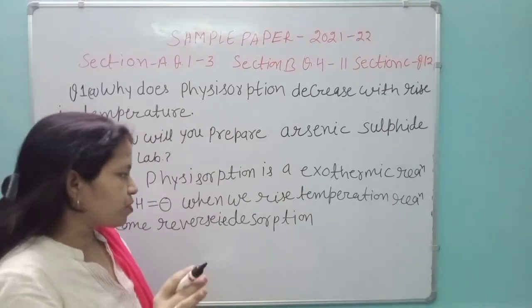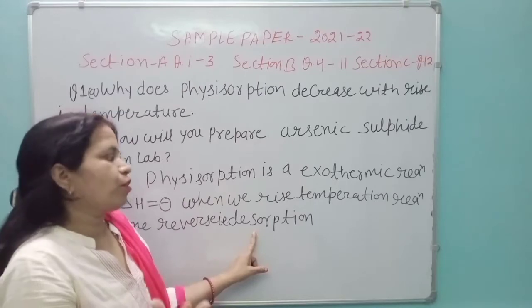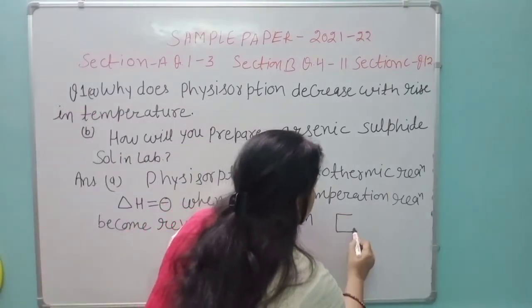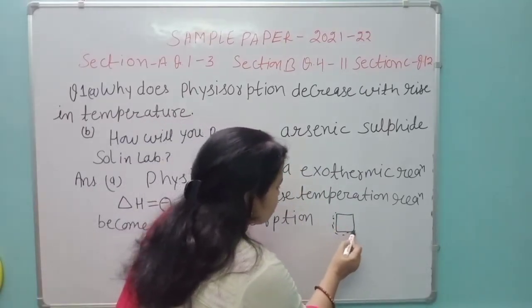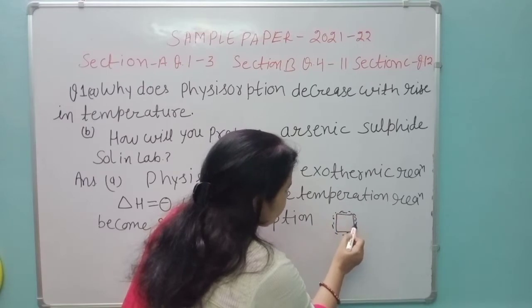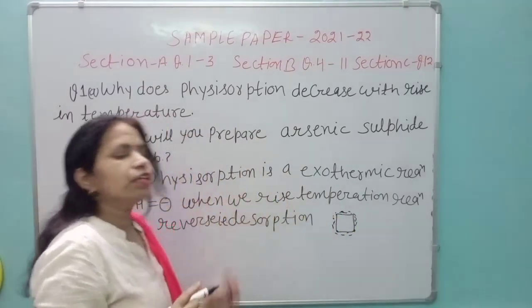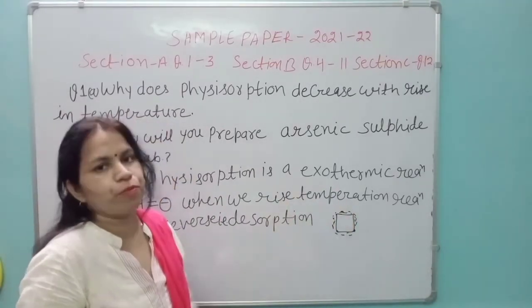Physisorption is an adsorption process and desorption is removal of the adsorbate from the adsorbent. Suppose this is the adsorbent and adsorption takes place here. When this is removed, it is called desorption. So this is adsorbate and adsorbent.